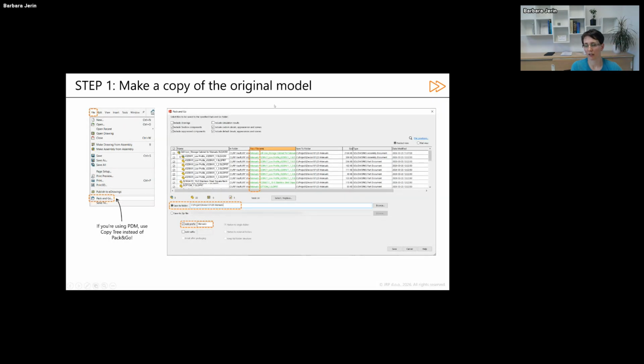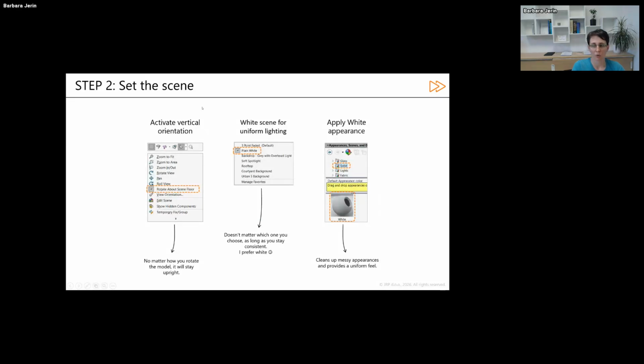Okay, once we have the copy, we open the model and we set the scene. I will be jumping now between SOLIDWORKS and PowerPoint, so that you get a better understanding of what those things are. So first we will activate vertical orientation, and this you do via the rotate about seam floor.